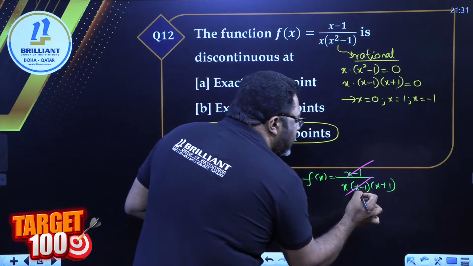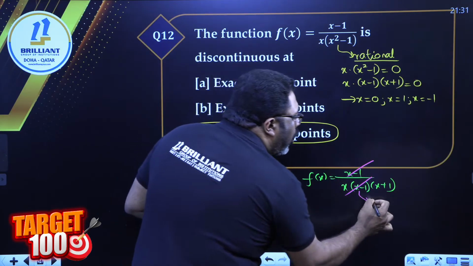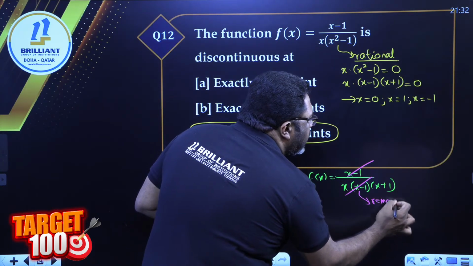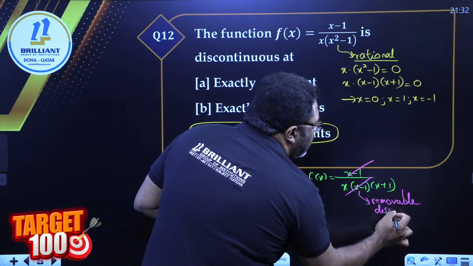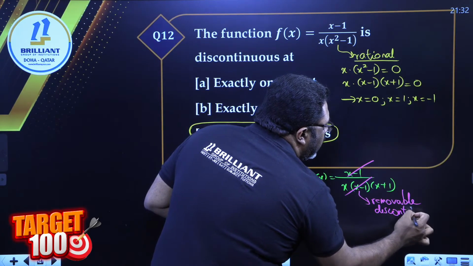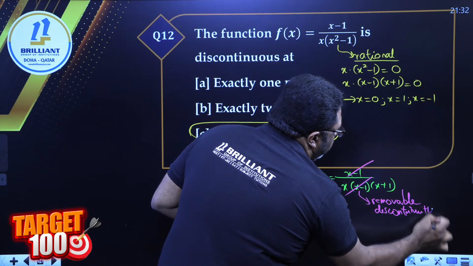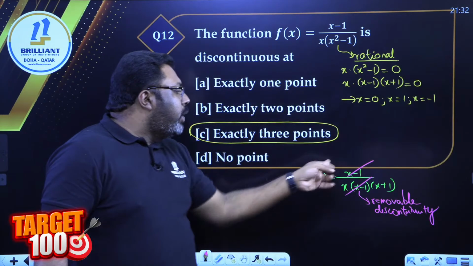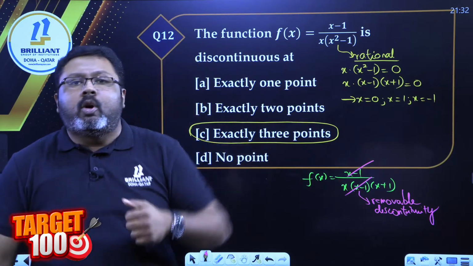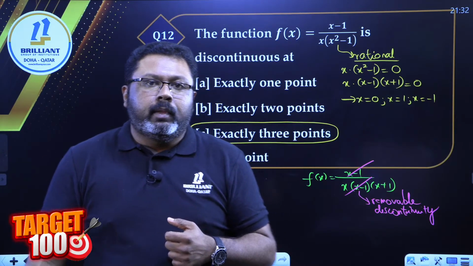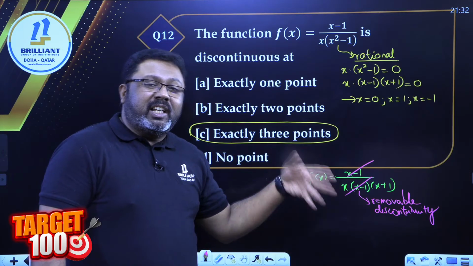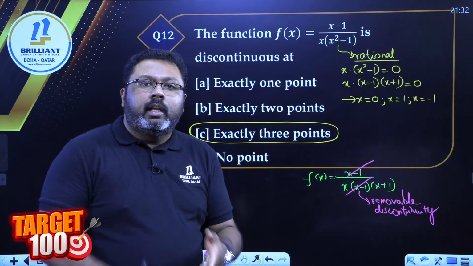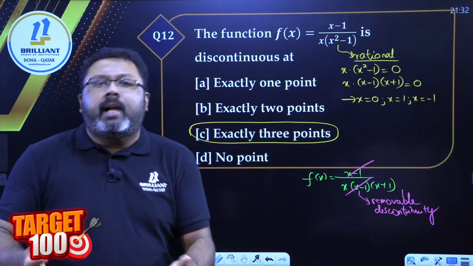No. This type of discontinuity is called a removable discontinuity. Yes, the other two, x and x plus 1, are irremovable discontinuities. x minus 1 is a removable discontinuity, but whether it is removable or irremovable, it's still called a discontinuity, my dear students.